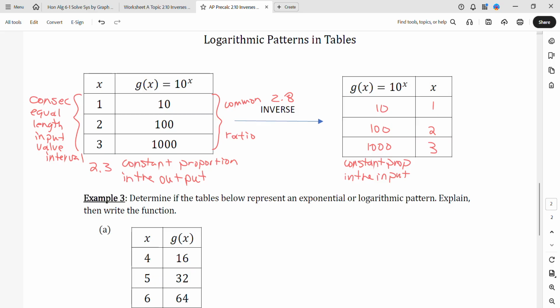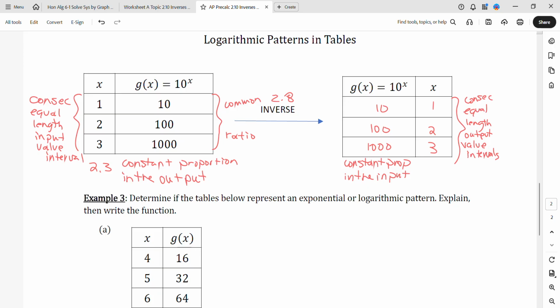I mean, that only makes sense that if I'm flipping the x and y's from an exponential to a logarithmic, the table will have a constant proportion in the input. But then they will have consecutive, equal length, output value intervals. So the output becomes the input, and the input becomes the output.